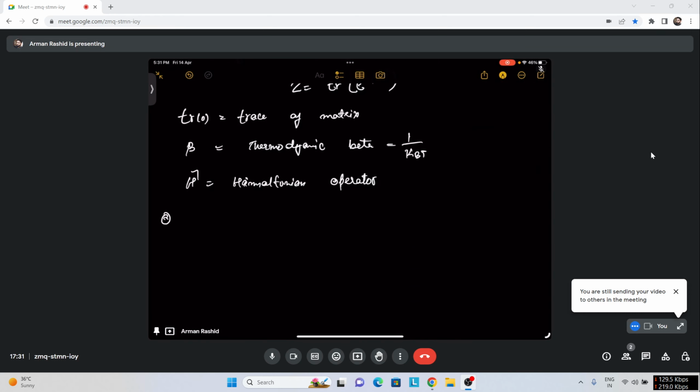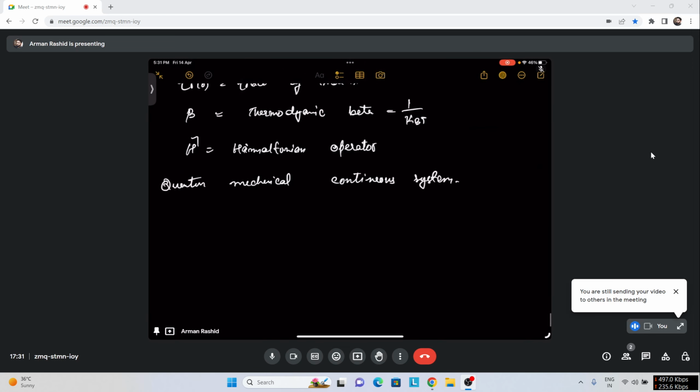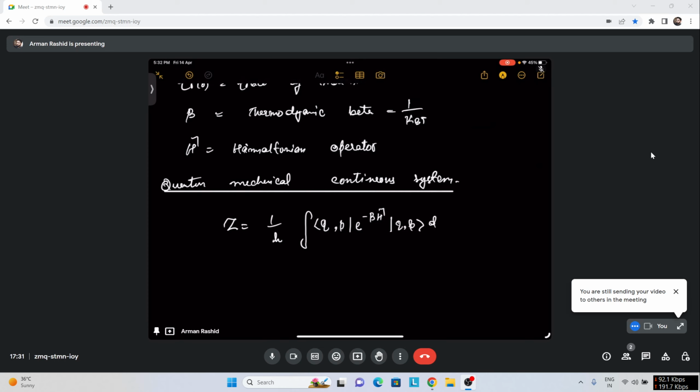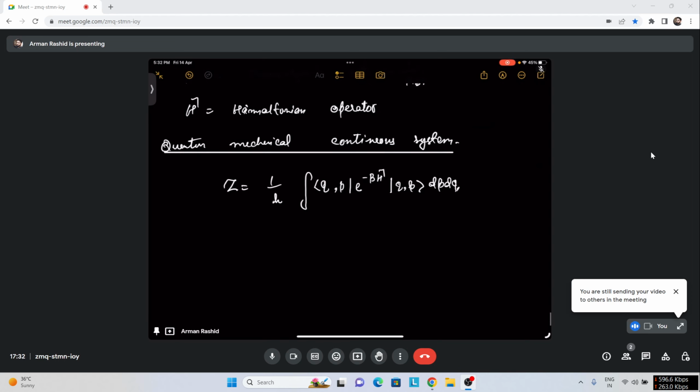If we have a quantum mechanical continuous system, here also we have to change the summation to the integral over q, p. Here q is the canonical position and p is the canonical momentum.